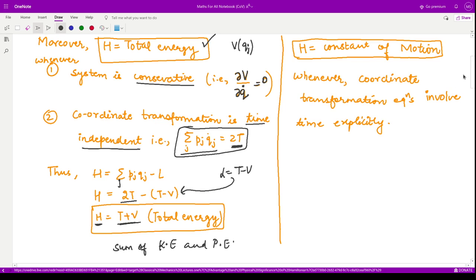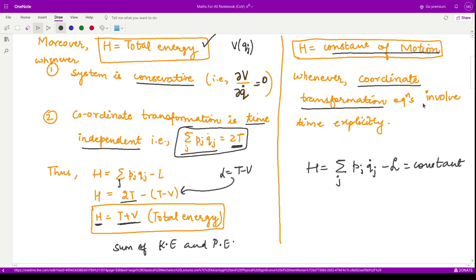In another case, H represents the constant of motion. This quantity H, equal to summation over j pj qj dot minus L, is constant when the coordinate transformation equations do not involve time explicitly. So this is the condition for H to be a constant of motion.